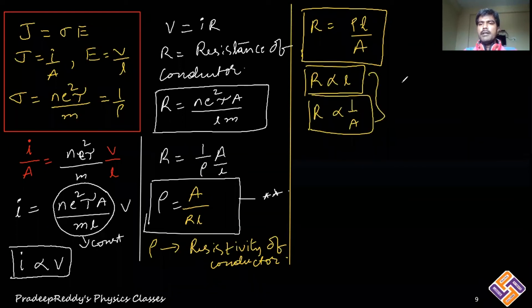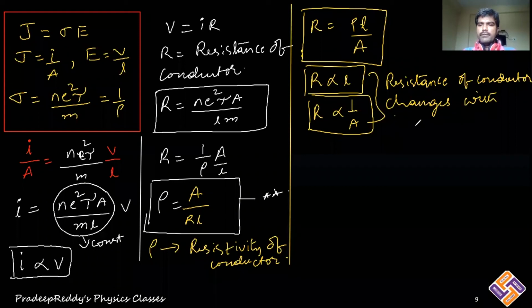Right? Remember, resistance of a conductor changes with length and area of cross section, and it also depends upon temperature.